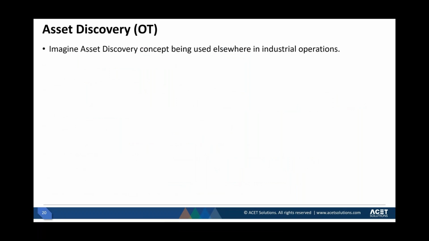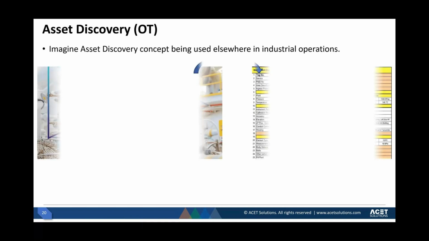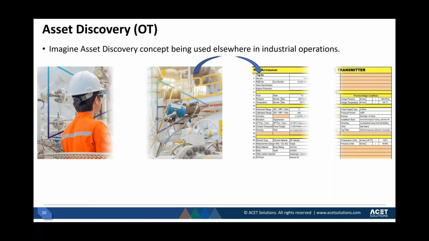Before I get into the comparison of asset discovery and asset management, I'd like you to imagine the concept of asset discovery being used elsewhere in the industrial operation, other than from a cybersecurity perspective. So we'll take the same example of a change to the configuration of an instrument and imagine how it would look if we were using the concept of asset discovery as opposed to asset management.